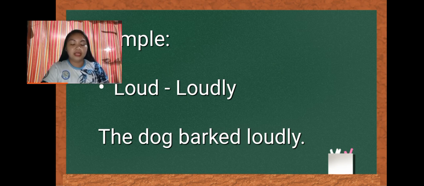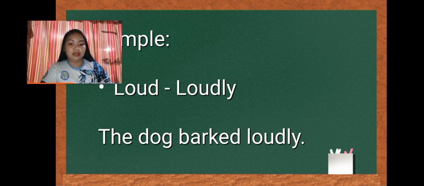The word loudly here is the adverb of manner because it tells us how the dog barked. From the word loud, just add ly to make it an adverb of manner, and it is placed after the main verb, which is the word barked.